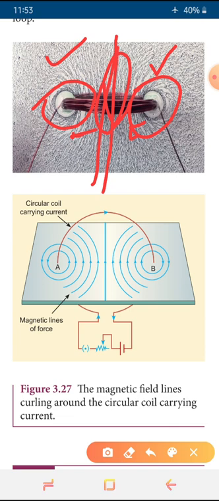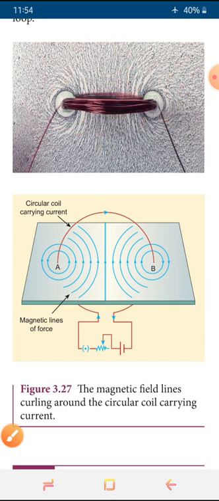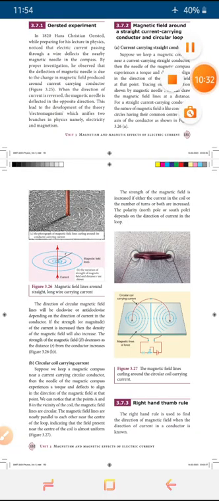When we reverse that, the deflection of the compass needle is also reversed, to the opposite direction. So it is more clear. The point is, when electric current passes through a conductor, a magnetic field is produced around the current carrying conductor. That was explained using these two cases. Hope you understood these two concepts.